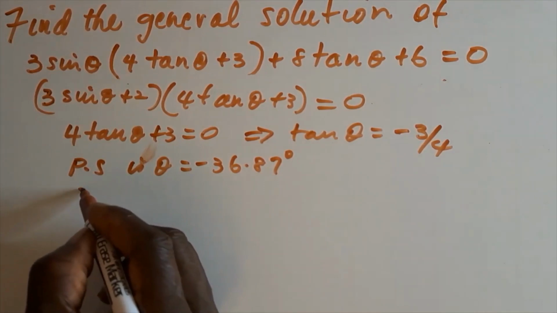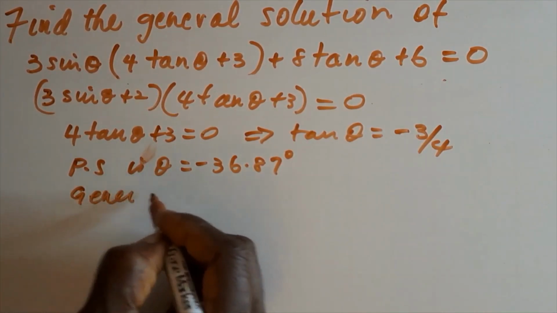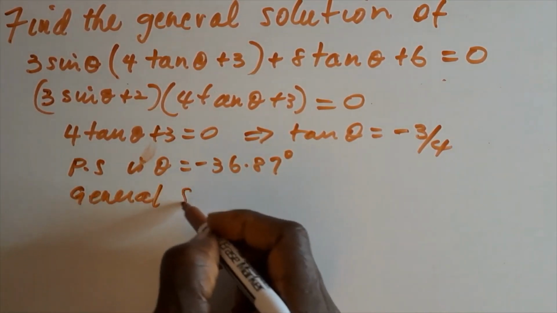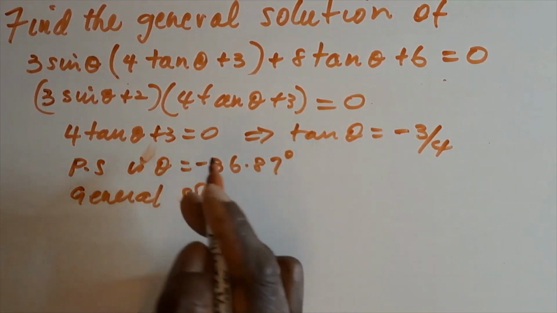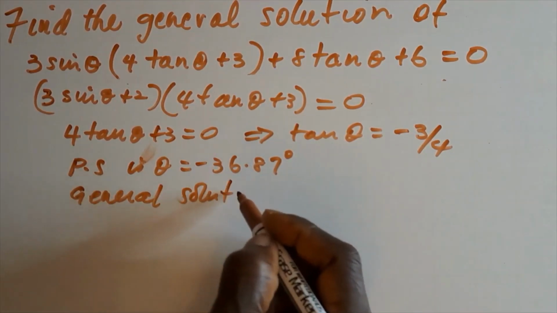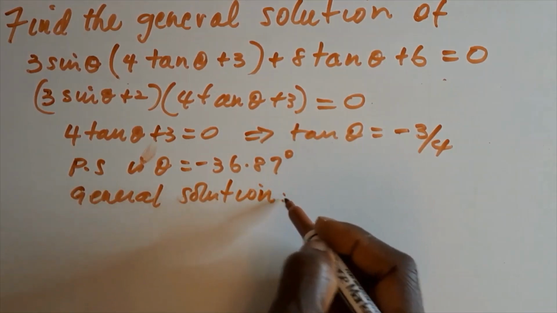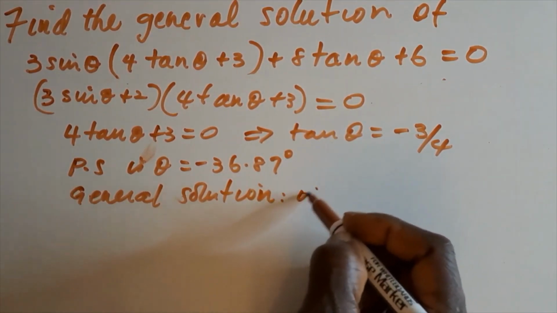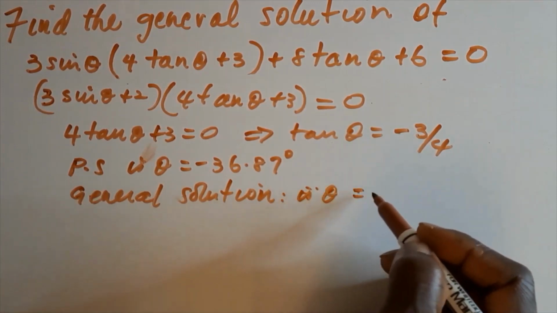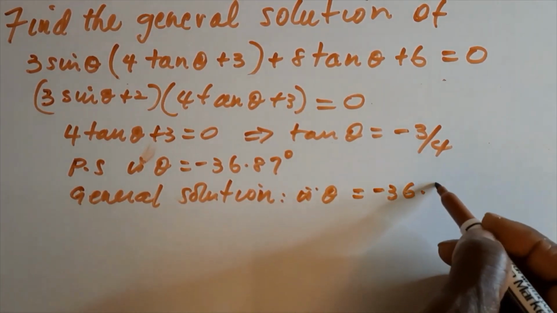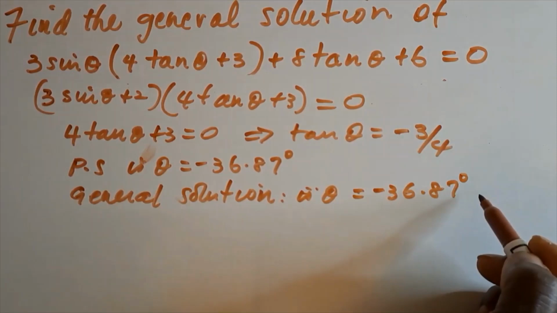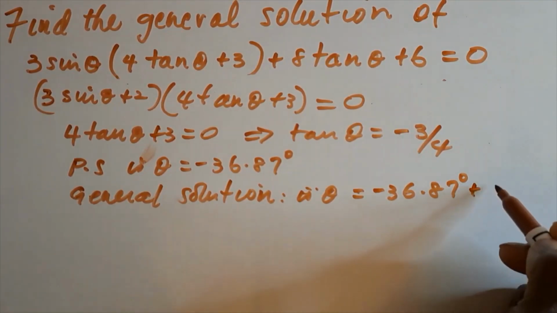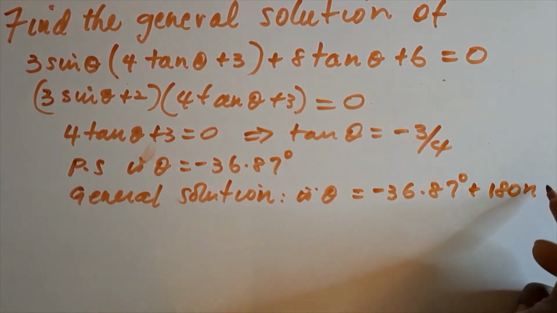So we can go straight to find our general solution, which is theta equal to minus 36.87 degrees plus 180 n degrees.